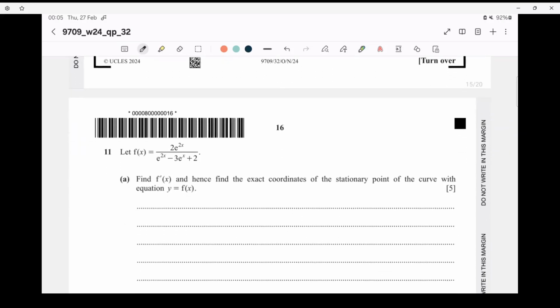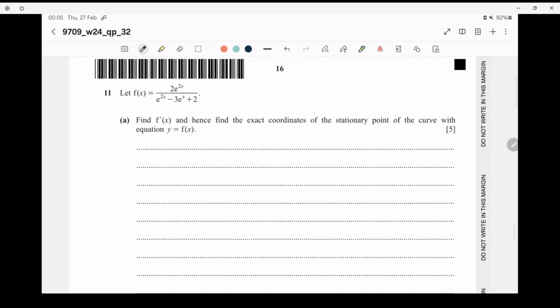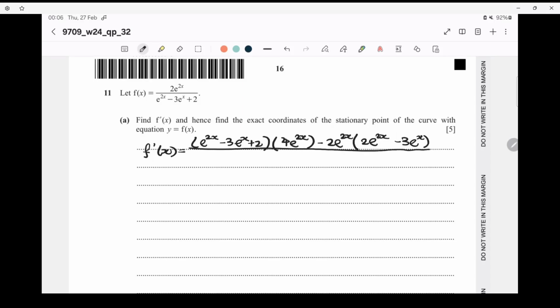Question 11. Find the first derivative of f(x) and then the exact coordinates of the stationary point. So f prime x will be, use your quotient rule: keeping the bottom, differentiating the top, minus keeping the top, differentiating the bottom, and then the bottom part you square it.